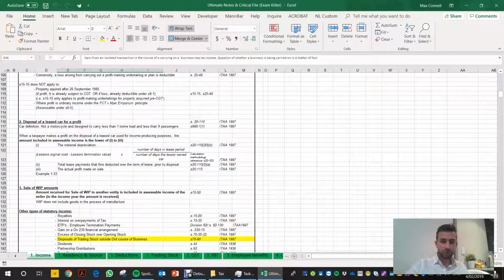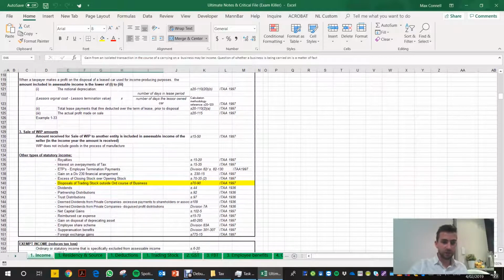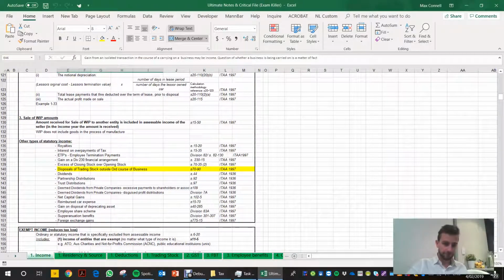The sale of WIP amounts. Okay, I have seen this occasionally in tax rec questions. So if you sell WIP to another company, for example, you might be KPMG and you do professional services, and you have a lot of WIP on your jobs, and you decided to sell your client list, your intangibles, and you've sold your WIP as well, which they can bill to another client.